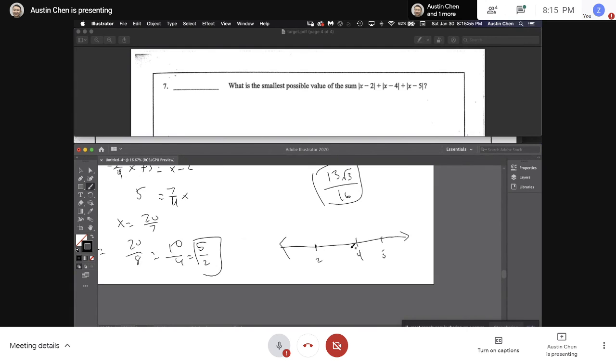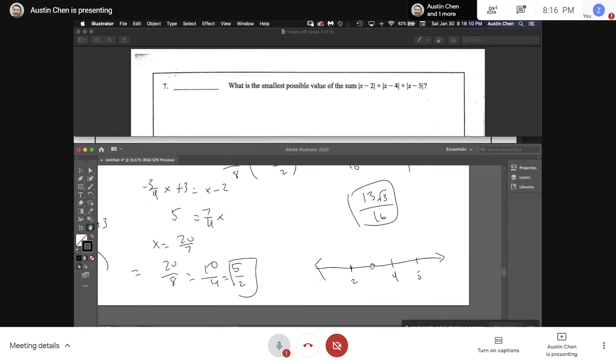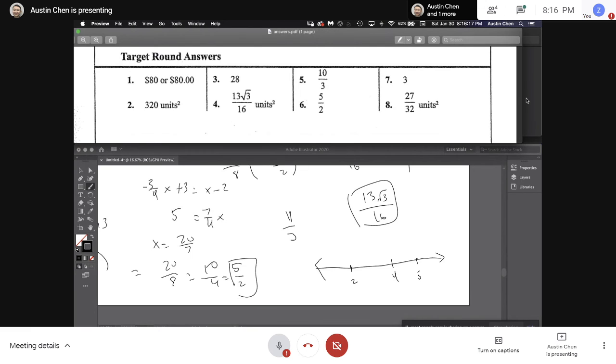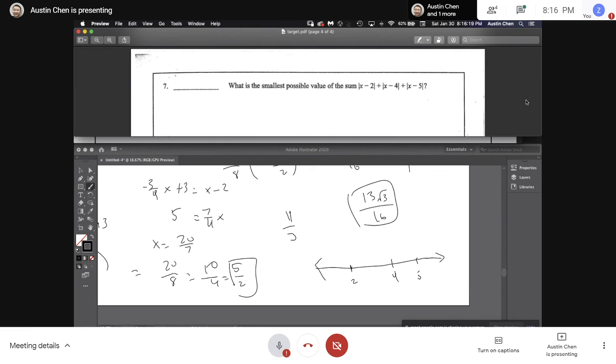And what you can do with that is just take an average of their points, right? So the average of these values will be the point where their distances are minimized. So then we just take the average of 2, 4, and 5, which is 11 thirds. Oh crap, I'm wrong. It's my bad. Wait, why is that not correct? What was the answer? 3?